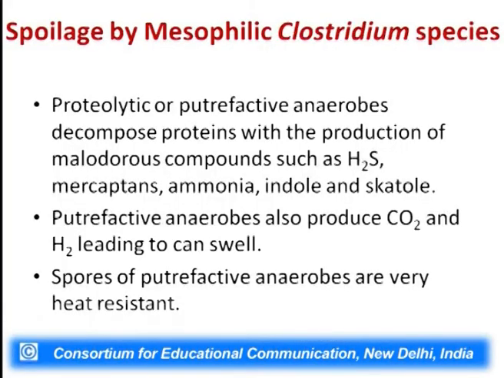Putrefactive anaerobes also produce carbon dioxide and hydrogen, which leads to the defects and causes bulging of the can. Spores of these bacteria are very heat resistant.